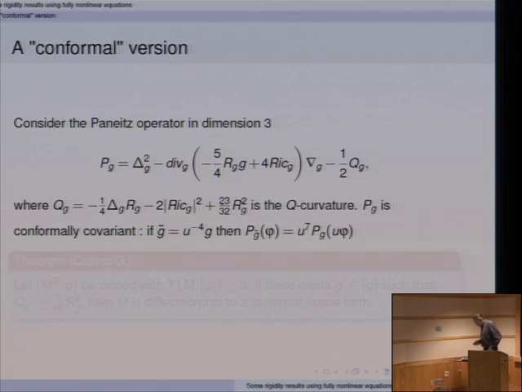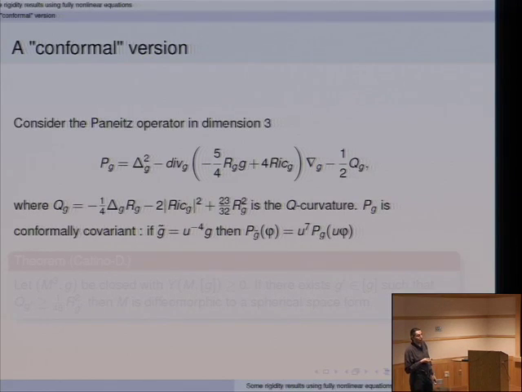Okay, consider the Paneitz operator in 3 dimensions, which is written in this way. So this is the Paneitz operator in 3D. So Q is the Q curvature. So the expression of this Q curvature in 3D is this one. And the important fact here is that this Paneitz operator is conformally invariant.